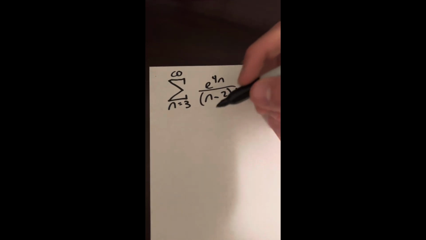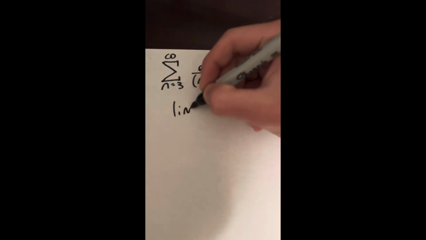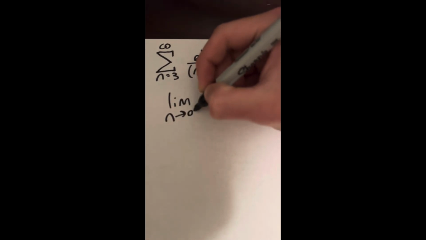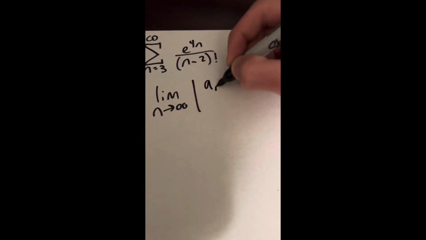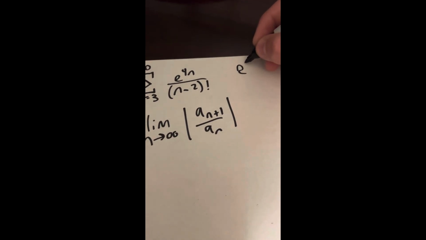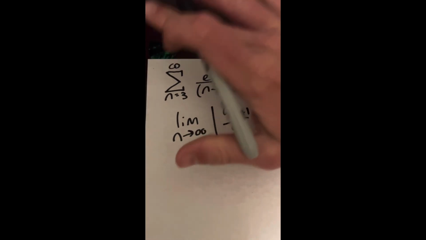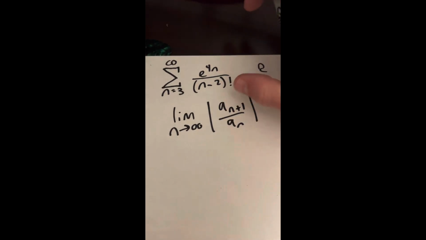Here's another example. So in this case, remember we're going to take the limit, n goes to infinity, of a sub n plus 1 over a sub n. So remember we want to find a sub n plus 1. So first, this 4, we factor it out, n plus 1, and then put it back in by distributing.